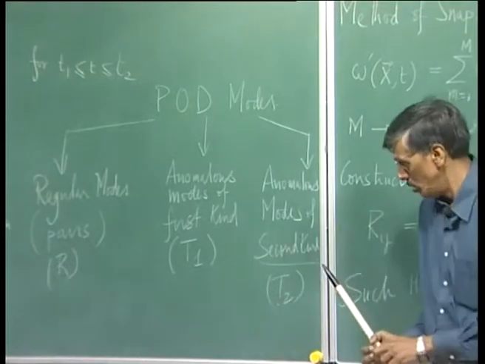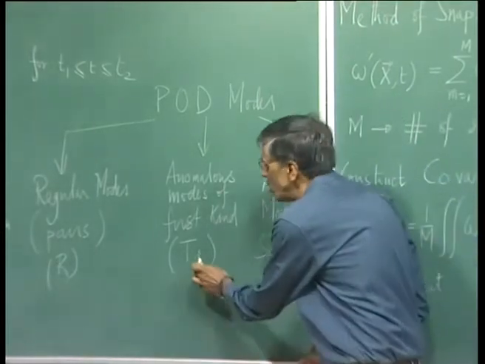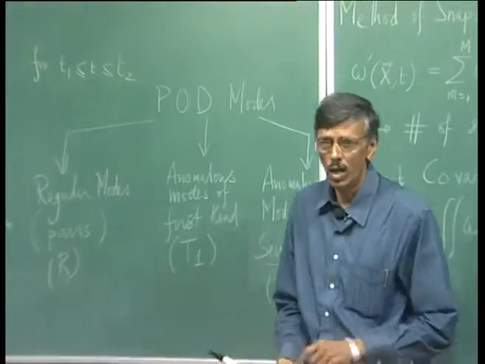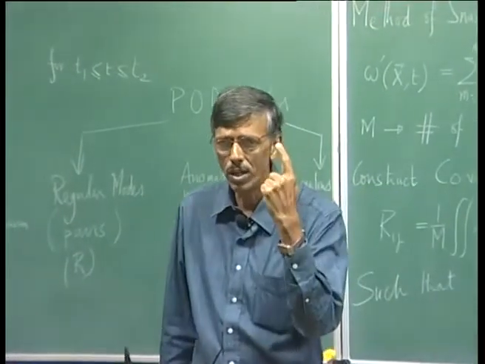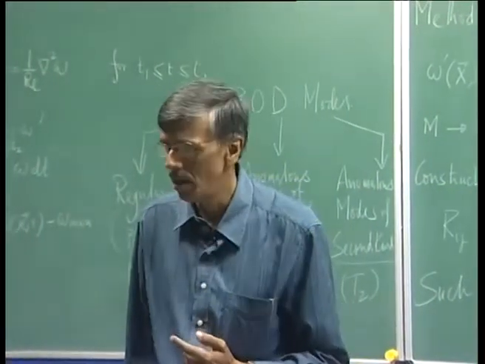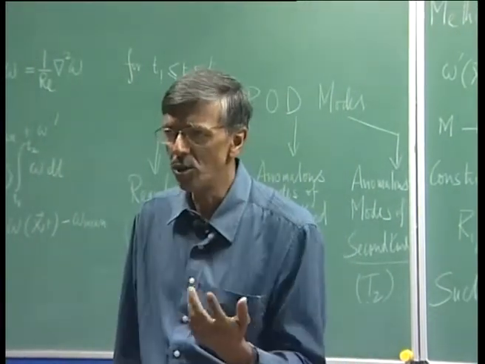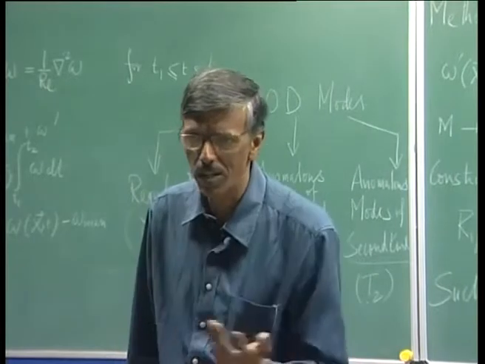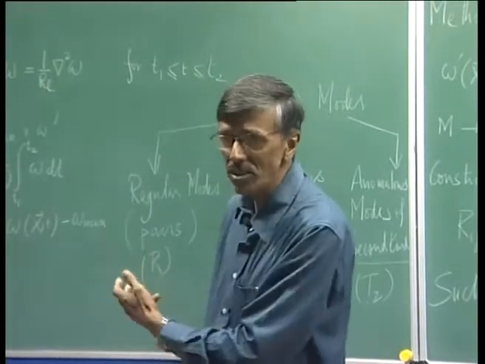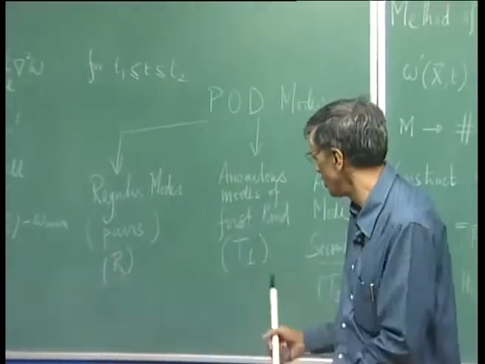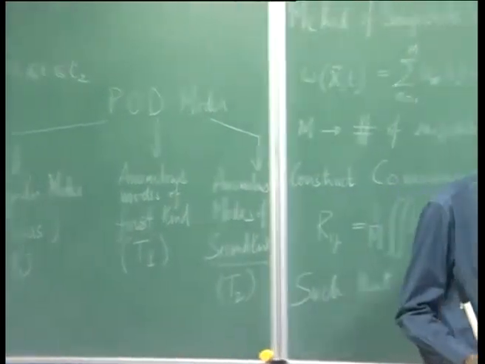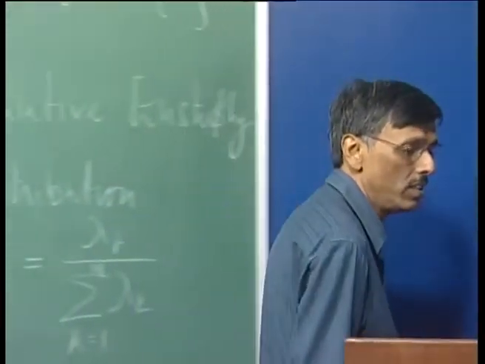And what is the difference between T1 mode and the shift mode? Noack predicted only one single T1 mode, and he assumed that mode is present at all time. Now we are going to see results that this anomalous mode of the first kind, they appear singly all right, but number one, they do not appear as one.